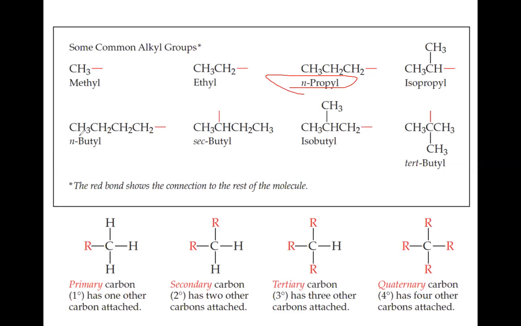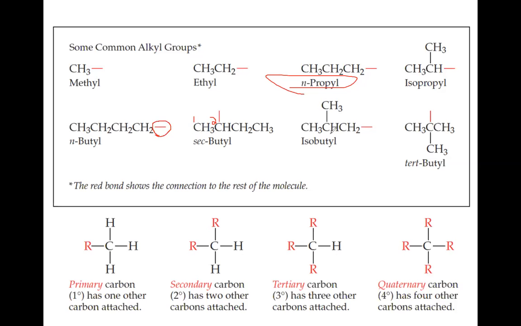We have n-butyl, sec-butyl, iso, and tert. So n-butyl is going to attach at the end of the butyl group. Sec-butyl is going to attach at the second carbon. If we were to number these, it'd be 1, 2. So second carbon, sec-butyl.